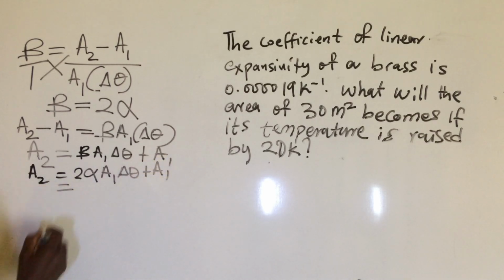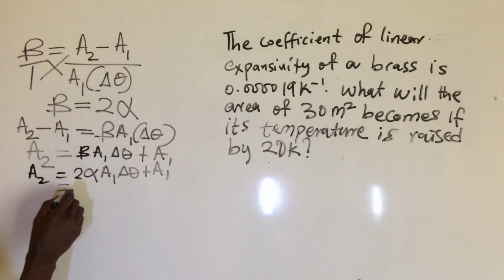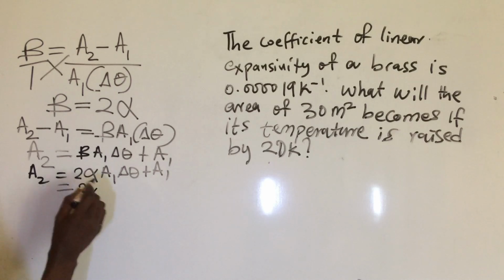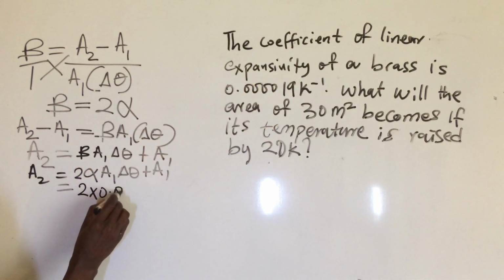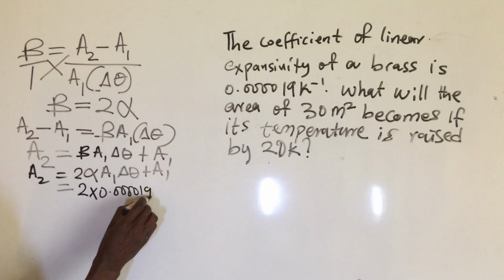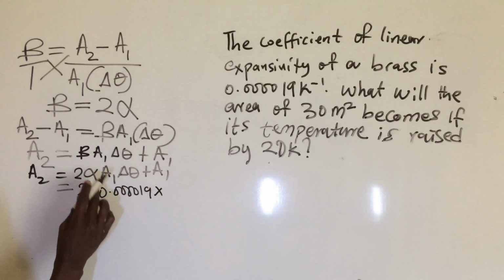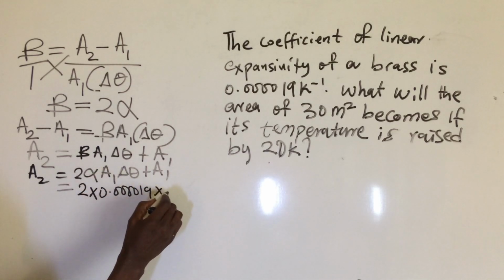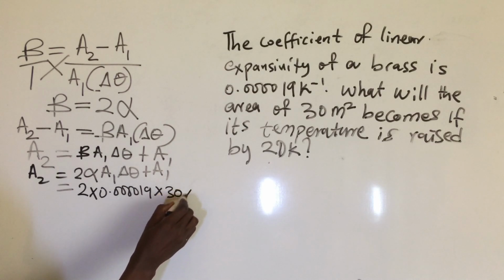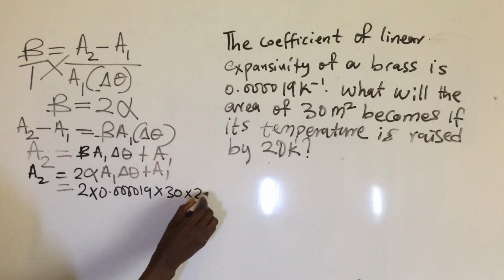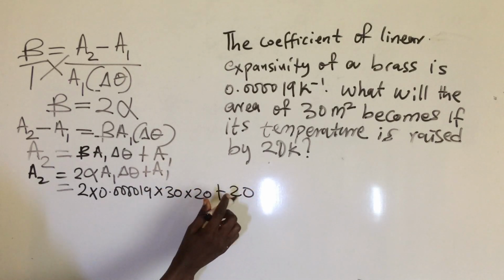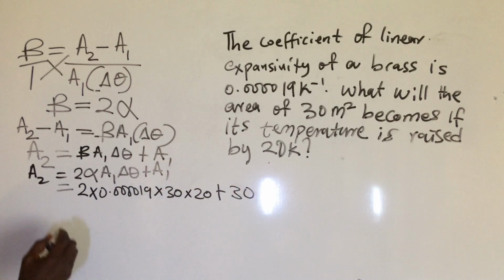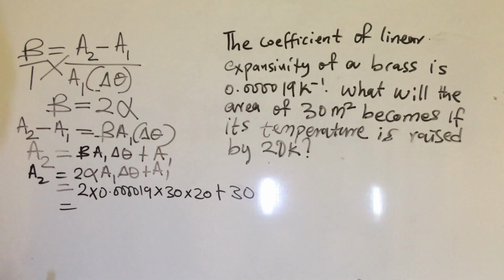Now let's insert our values: 2 times the linear expansivity, 0.000019, times A1, which is 30, times the temperature rise, which is 20, plus the original, which is 30.